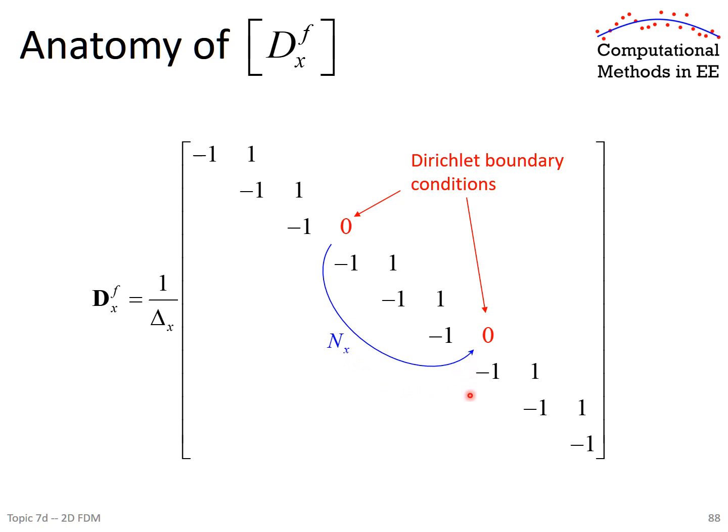They're nx apart. That's the width of our grid, and that would continue all the way down. So we can go back and just insert zeros where we accidentally put in ones, and we would have a correct derivative matrix. Another thing to notice is we're only dividing by delta x. We're not dividing by 2 delta x anymore.